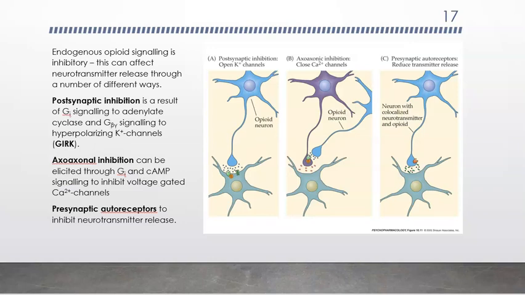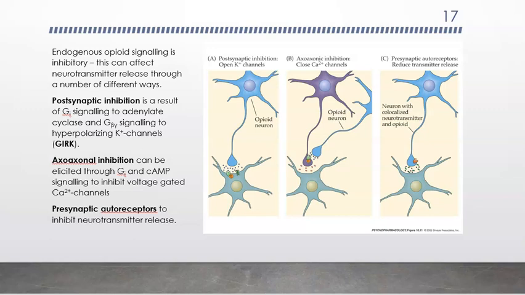So, we have these endogenous opioids that are pre-existing in our body, but why do we have them? What is their function? It turns out that endogenous opioid signaling is inhibitory.